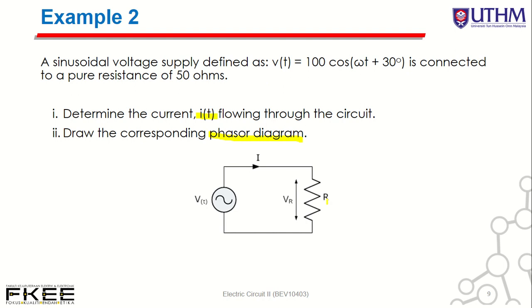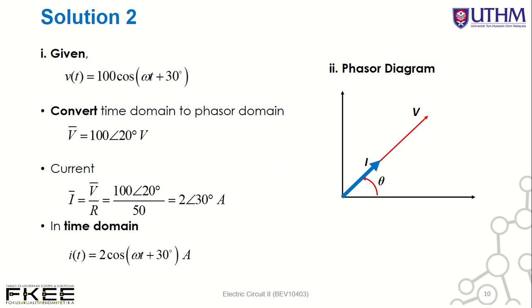R is no problem, because R in the phasor domain is the same as in the time domain, which in this case is 50 ohms. Given Vt equal to 100 cos(omega t plus 30 degrees), convert from the time domain to the phasor domain. Make sure it is cos, and then you can convert to the phasor domain or polar form, 100 angle 20.